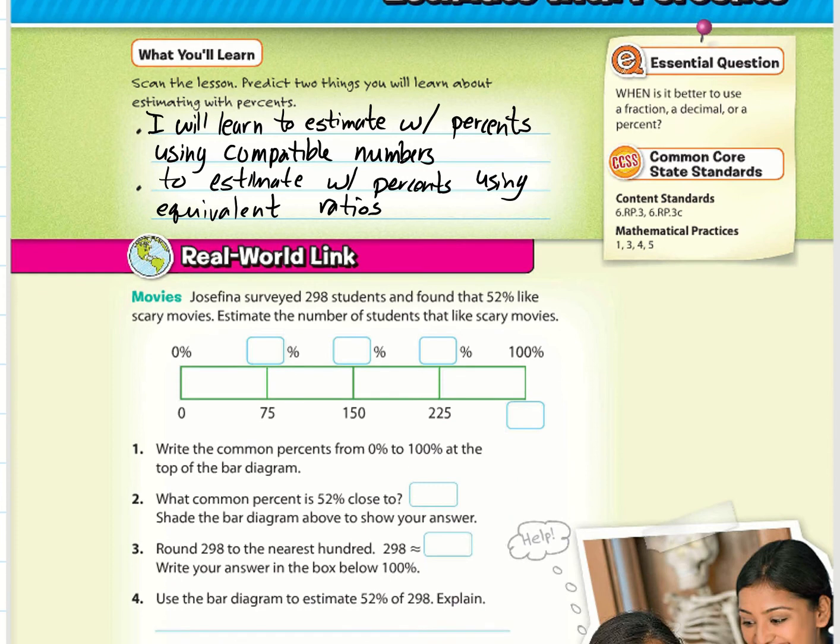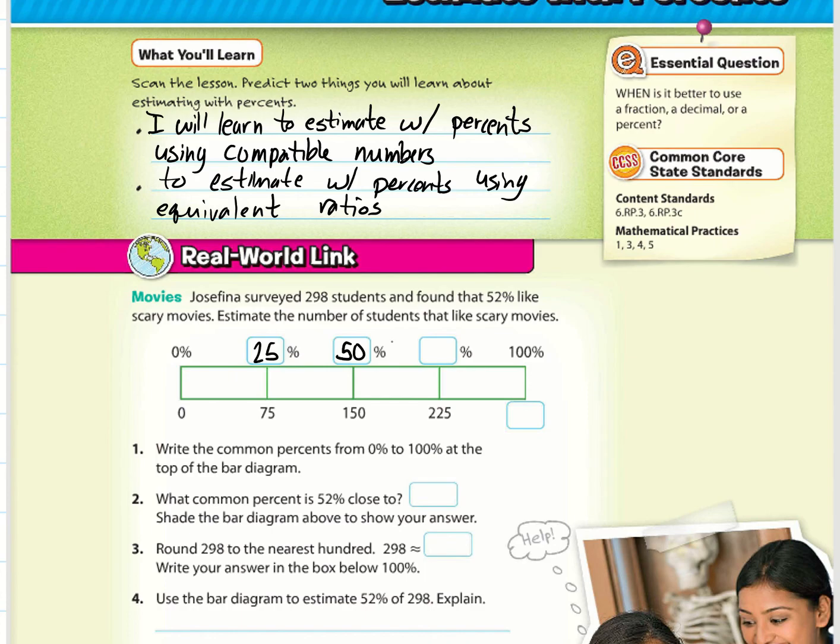Okay, so we're going to check out the real world link. Josephina surveyed 298 students and found that 52% like scary movies. Estimate the number of students that like scary movies. Well, I know this is 0% on the left. So in the middle is going to be 50%. And then in the middle of 0 and 50% is 25%.